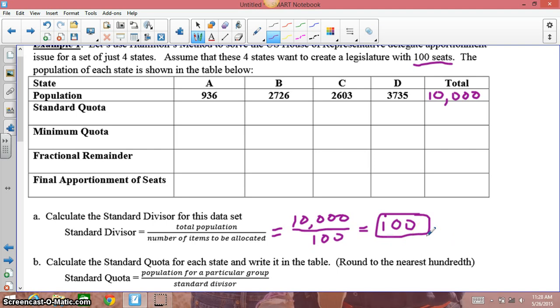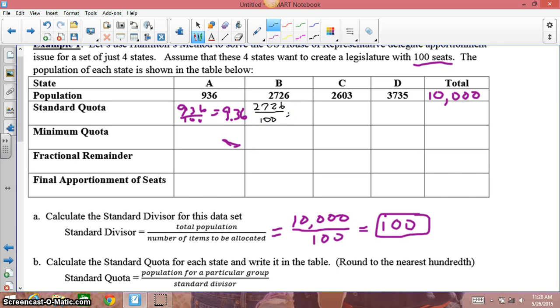So here, my standard quota would be to take that 936 and divide it by 100. Of course, that's going to give me 9.36. Likewise, I'm going to take state B, 2726 divided by 100.